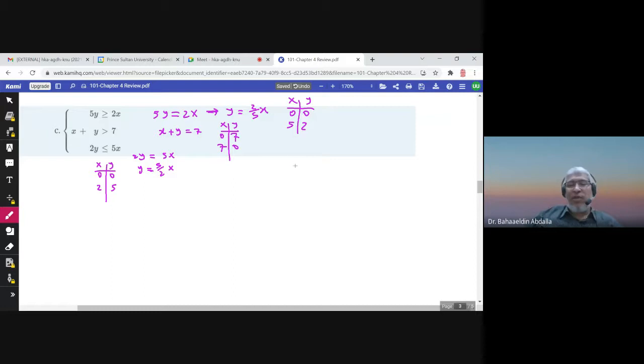So let me graph now the 3 lines and find the solution. So first line 0, 0, 5, 2. And the first line is solid, not dashed. It passes by 0, 0. So I cannot choose 0, 0. But I can choose, for example, this point, 0, 2, or 5, 0, whatever you like.